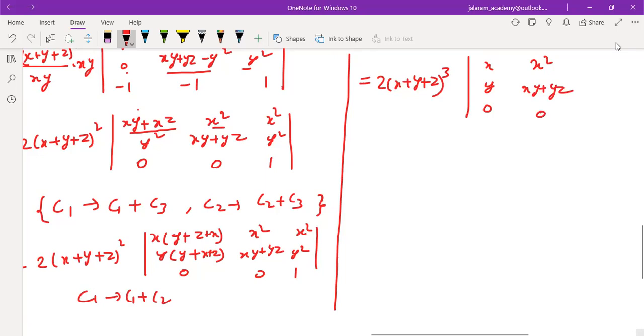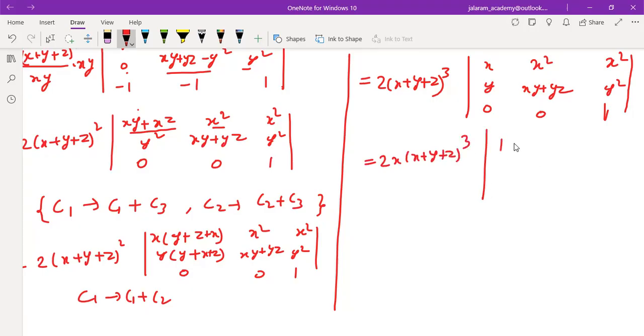In the third column, x square, y square, and 1 will be there. Now in the first row, we observe that x is common, so 2x into (x plus y plus z) whole cube. In the first row, when we take x common, it is 1, x and x. Again, in the second row, y is common. So when we take y common, it is 1, x plus z, y, and 0, 0, 1.